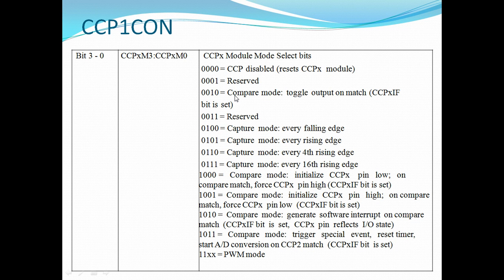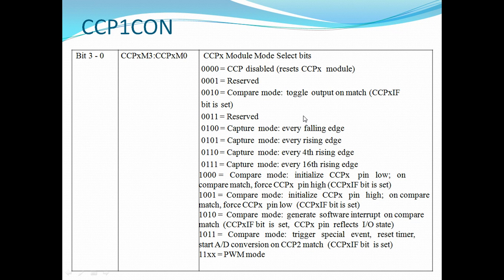Other modes are related to compare, and PWM mode is the last mode, which can be selected by writing 1100. So these are the capture modes. You can select the falling edge or the rising edge, and according to this we need to write the value.